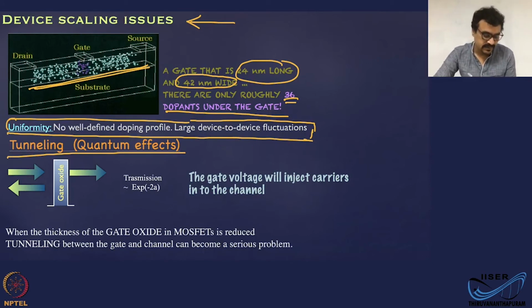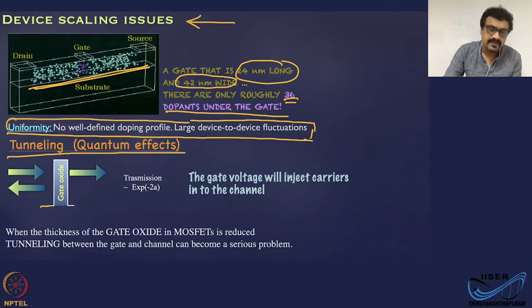Now, the overall exercise that you are doing is reducing the size. Okay, whether it is the thickness of the oxide or the channel length or whatever it is, you are reducing size overall.